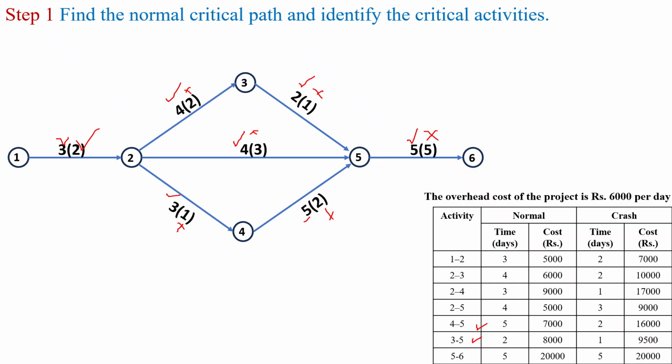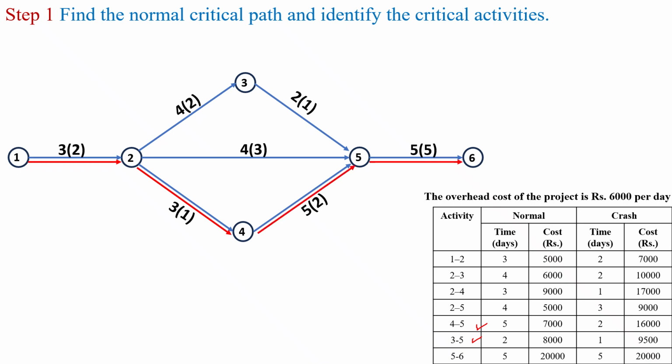Next we have to identify the critical path. First we identify the various possible paths in the given network diagram. The first possible path is 1 to 2, 2 to 4, 4 to 5 and 5 to 6.